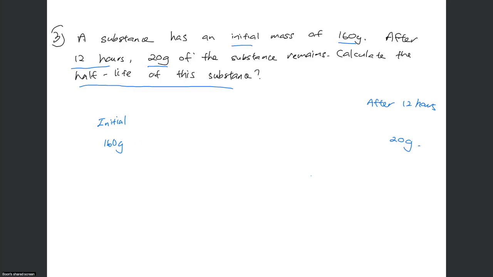We know that one half-life will bring 160 to 80 grams, and what we need is 20. So for 80, we need to continue another half-life. One more half-life brings it down to 40, and then 40, we need one more to get to 20.